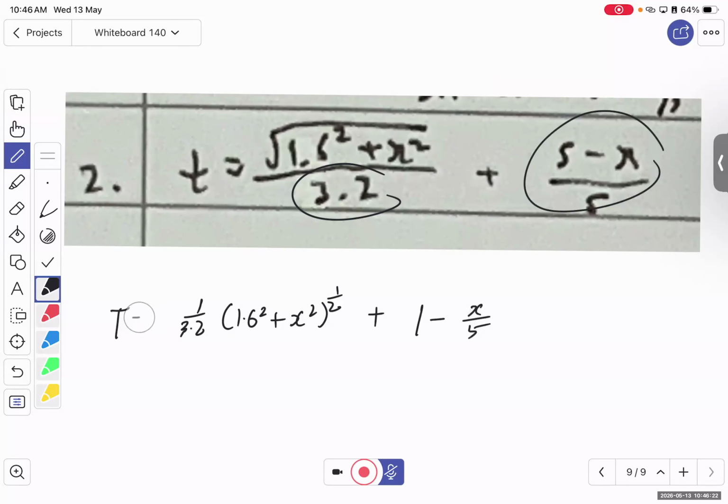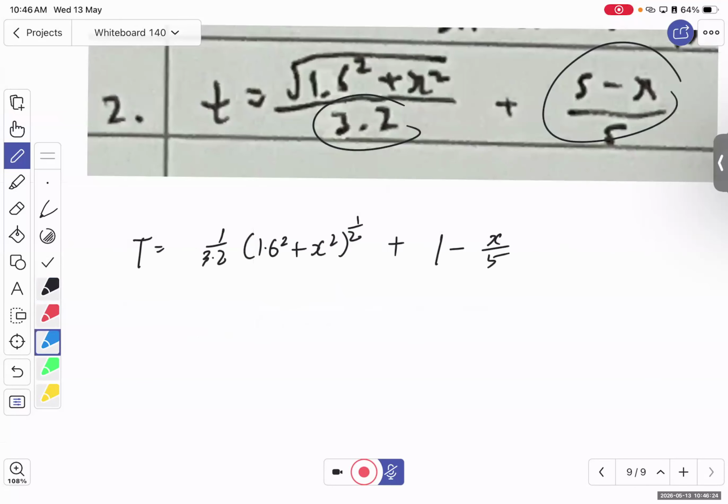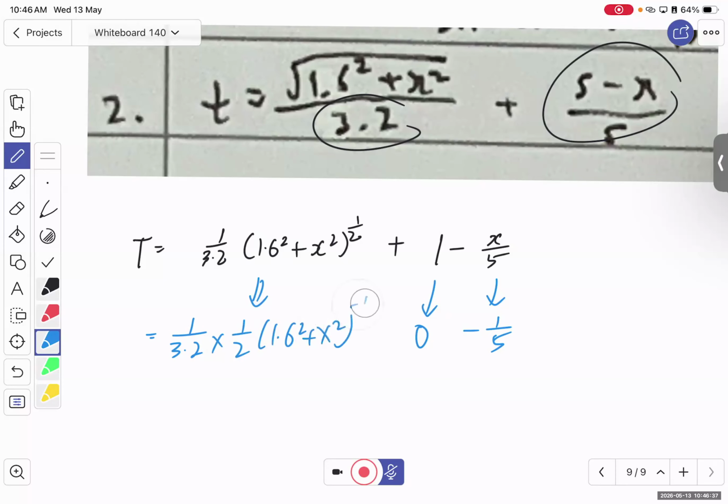This is my time. Differentiating 1 gives me 0. Differentiating x over 5 gives negative 1 over 5. Differentiating this is 1 over 3.2 times a half times 1.6 squared plus x squared to the power of minus a half, times 2x. If you see that the equation has only one solution, you can see there's only one solution.